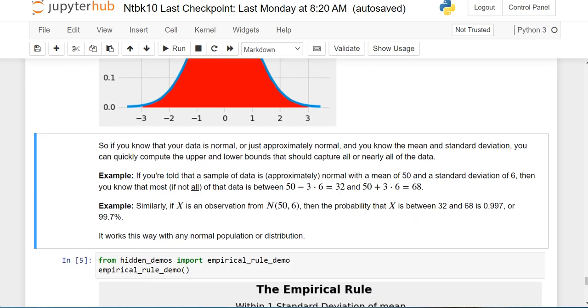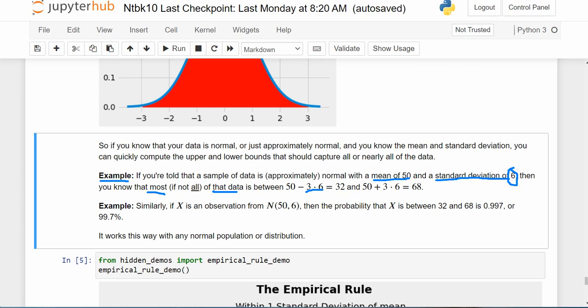Like I said, we used to do these examples all the time. If you're told that a sample of data is approximately normal with a mean of 50 and a standard deviation of 6, then you know that most of that data is within 3 times 6. Why? Well, the standard deviation is 6, and they're doing 3 standard deviations.